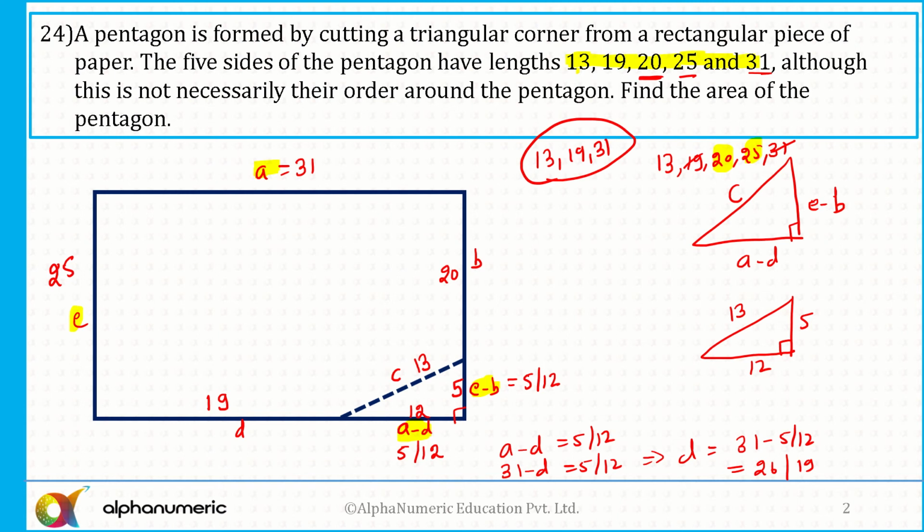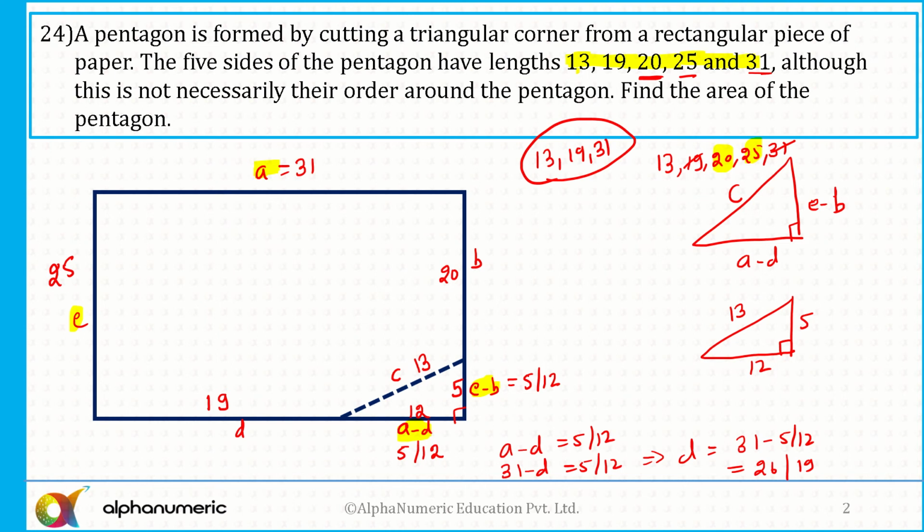And after 31, the next possible value for the width has to be 25 only, because 20 can't be the value of E. E is the largest side, A is the width, so E has to be greater than this. So that's why I can take E as 25.